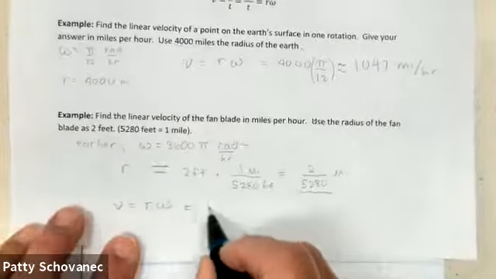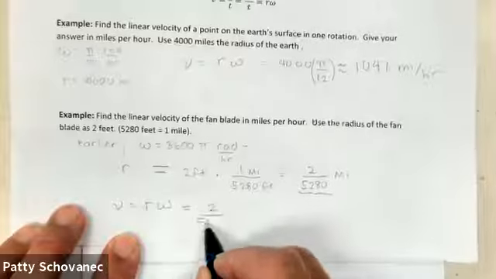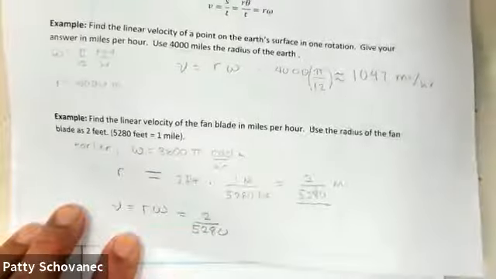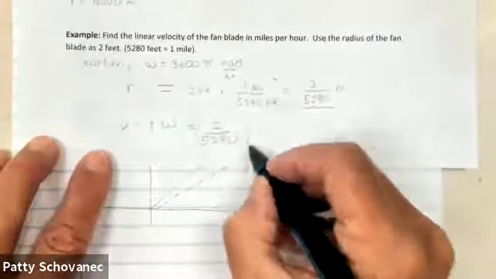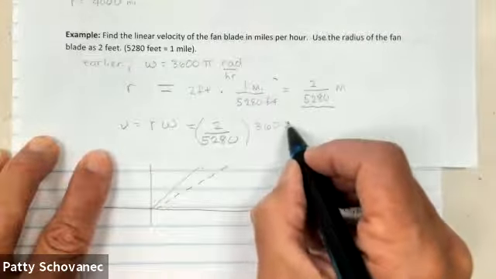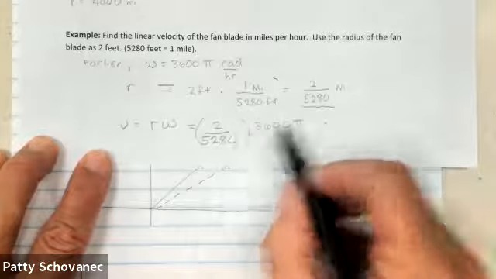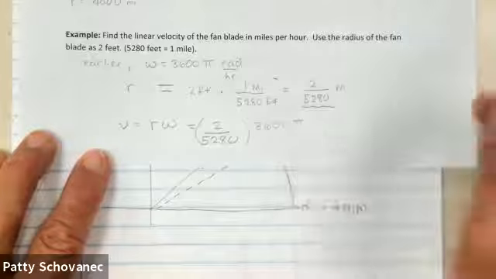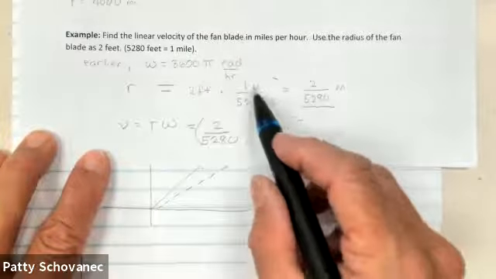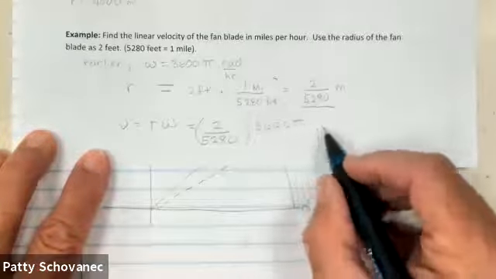So I take my radius, 2 divided by 5,280, and I'm going to multiply it with omega, which is 3,600 pi. This is miles, this is radians. When you multiply miles and radians, we'll get the linear measurement of miles. And then we multiply by per hour.